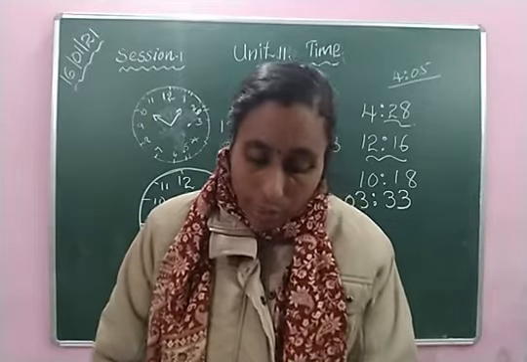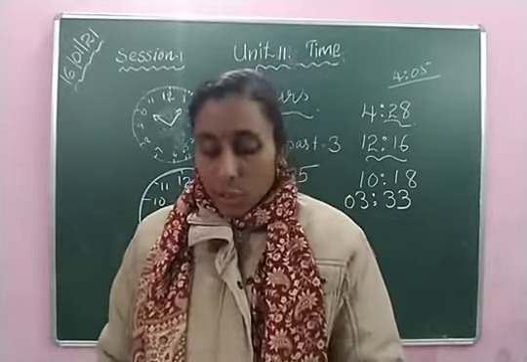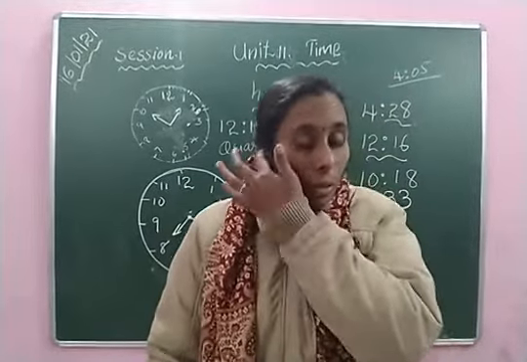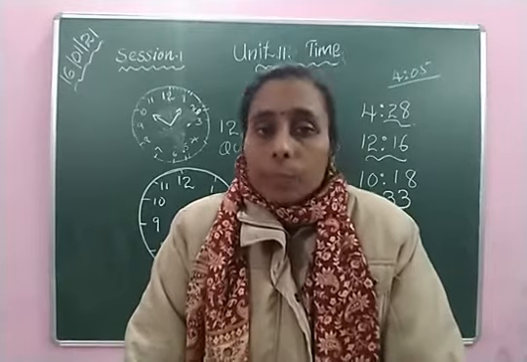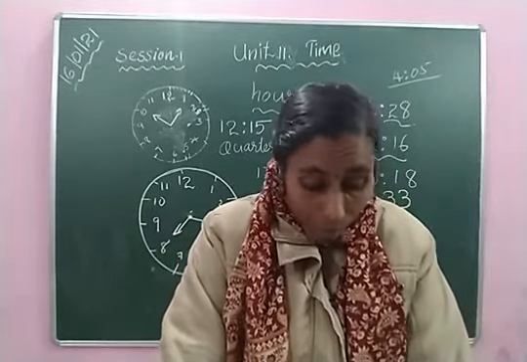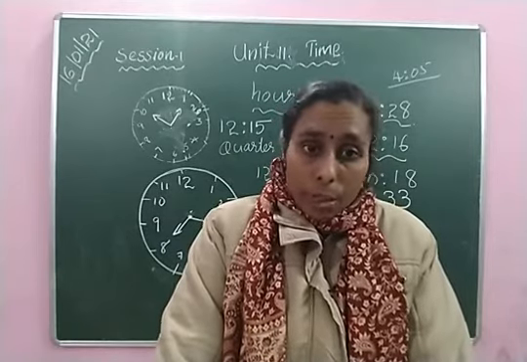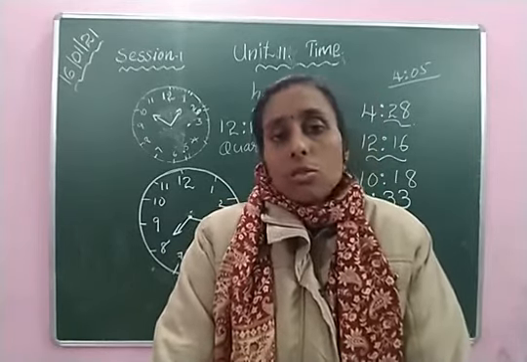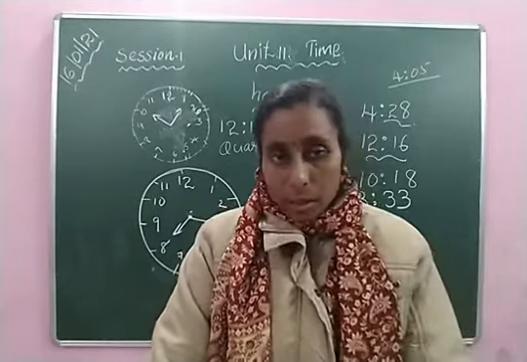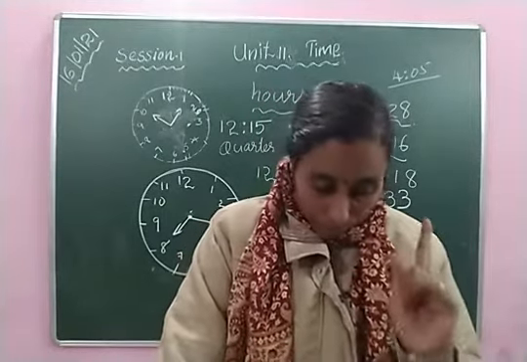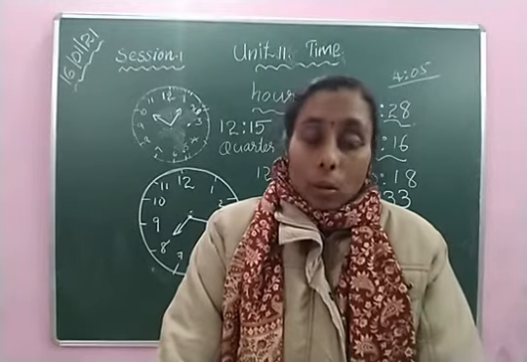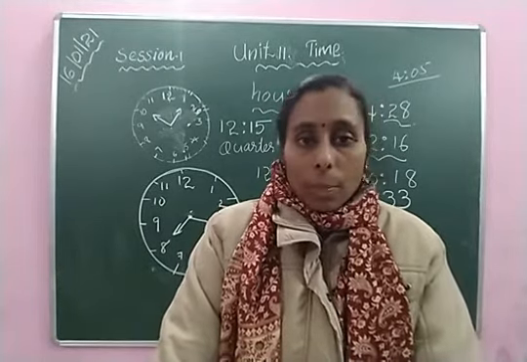Today we have learned what time is. Time is very important in our day-to-day life. Time is the gap or difference between two occasions that differentiates between past and present. We use a clock to know the time. A clock is divided into 12 equal parts.